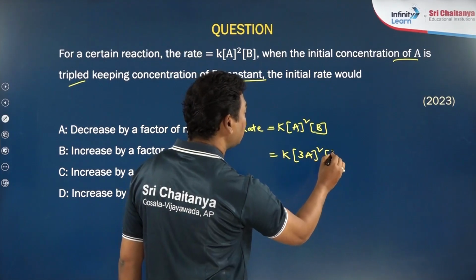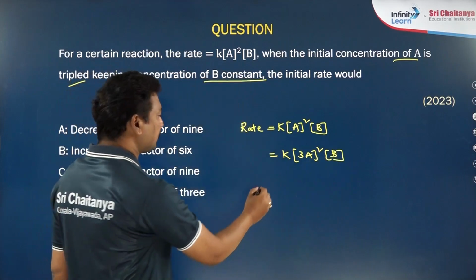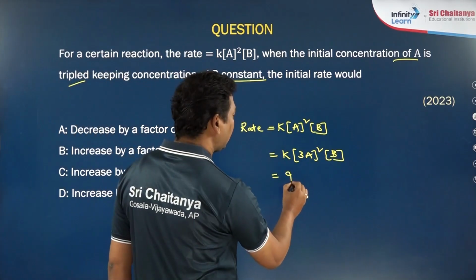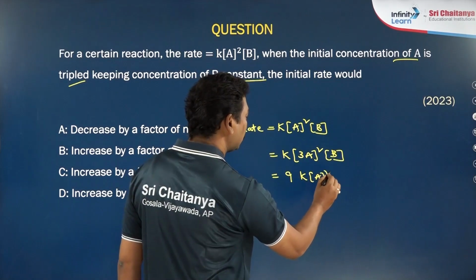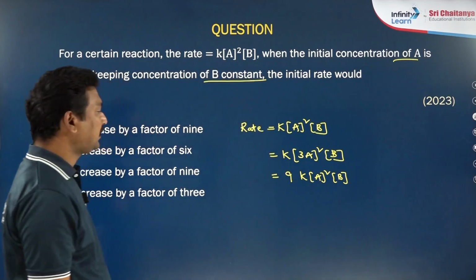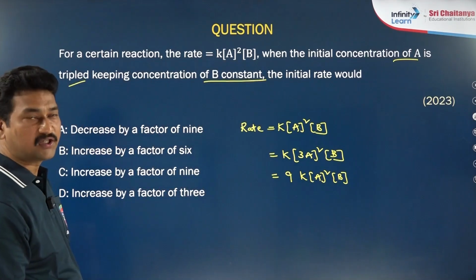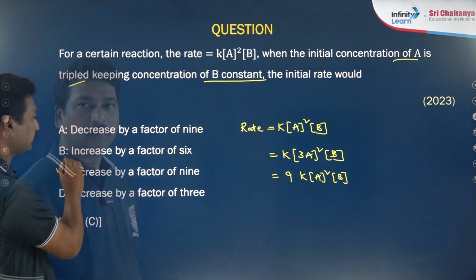B can be taken as constant. 3 square is 9, so 9 into K into A square into B. So the final rate is nearly 9 times that of the initial rate. So it increases by a factor of 9.